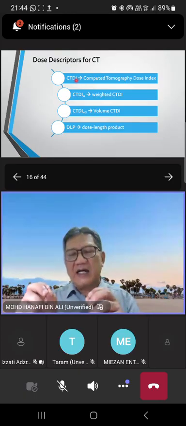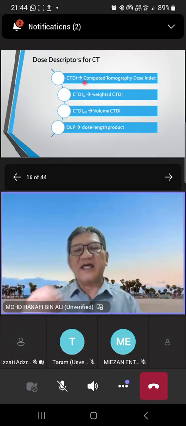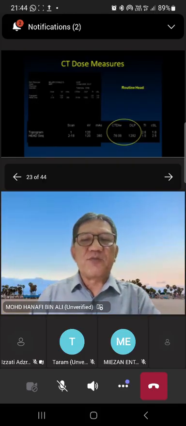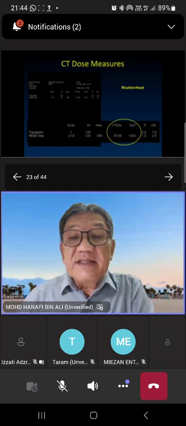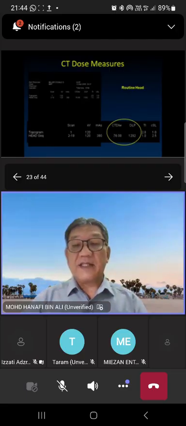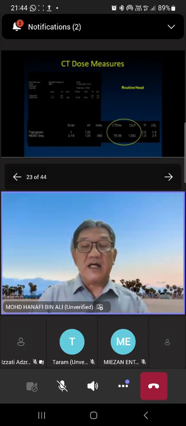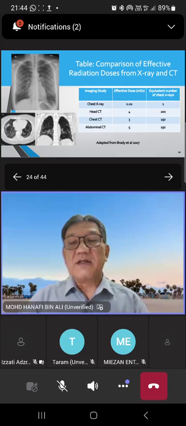We have another point to be considered before we can say that this is the radiation dose from CT scan. I think you cannot see here. This is something I got from the CT scan monitor, the DLP and CTDI readings. We can see them if we look at the monitor. And this is the table.